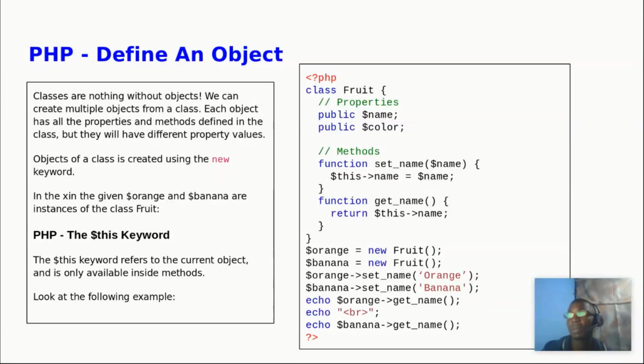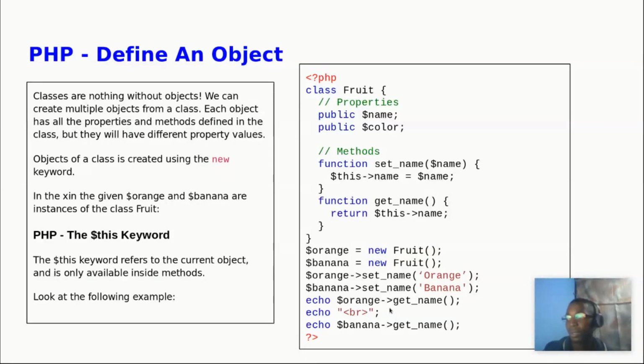The example here best explains it. So you have a class called fruit with the properties and the method. Then out of that class, you define an object of that class called orange, right? And orange is an instance of the fruit class. Since you are creating an object, you use the new keyword to say, okay, the orange is a new type of fruit. Banana is another new type of fruit.